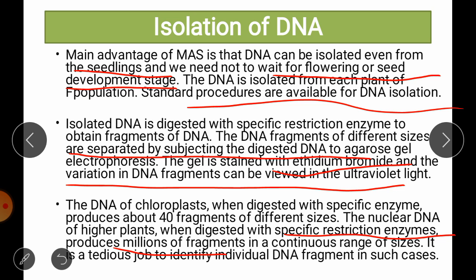So when you are using nuclear DNA, your job will be tedious. It is not easy to identify individual DNA fragments in such cases, and therefore we are using a leaf sample here, because it will yield 40 fragments, which is easy to assess or easy to observe.